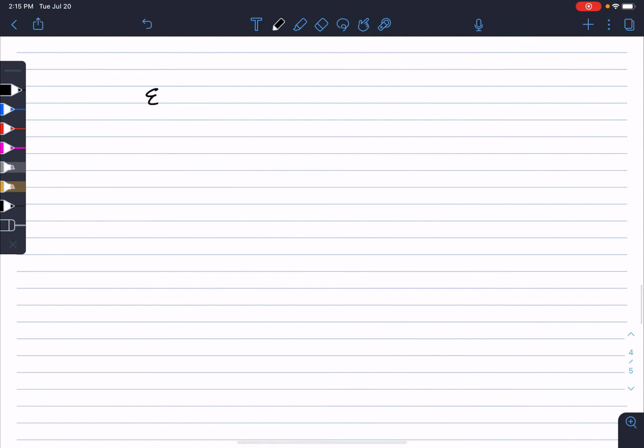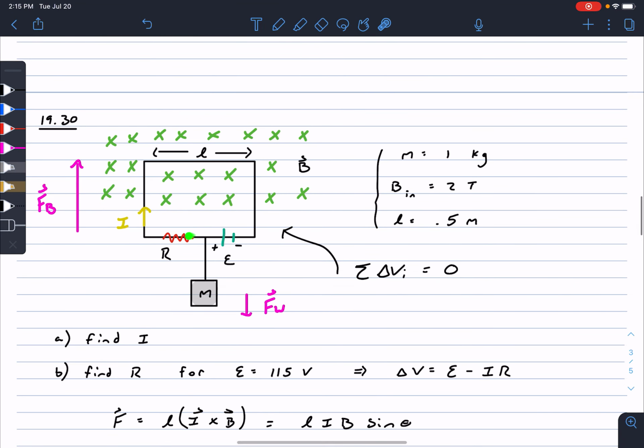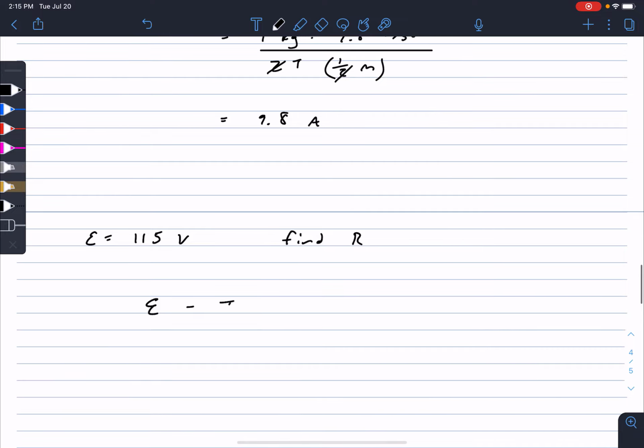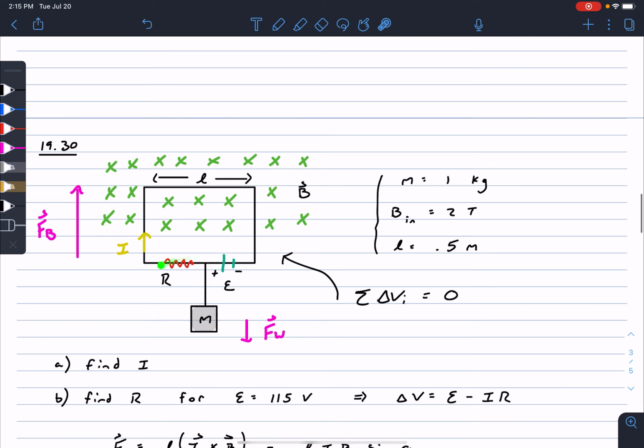So we have a positive, and then we also have a negative value for potential here because we're running along the direction of the current through the resistor, so that's negative I times R, and that's all equal to 0 because that's all we have. Sorry, I know I'm jumping around a lot. It's kind of hard to just go back and forth.